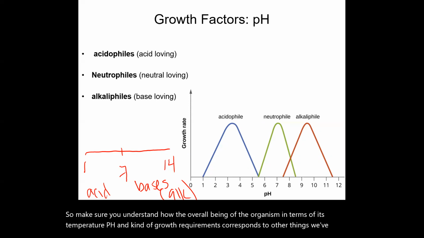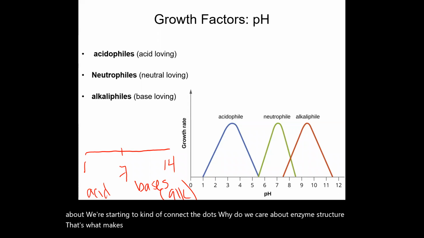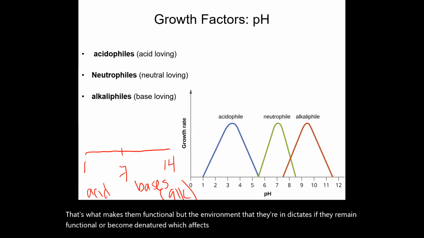We're starting to kind of connect the dots. Well, why do we care about enzyme structure? Well, that's what makes them functional. But the environment that they're in dictates if they remain functional or become denatured, which affects the survival of the organism.